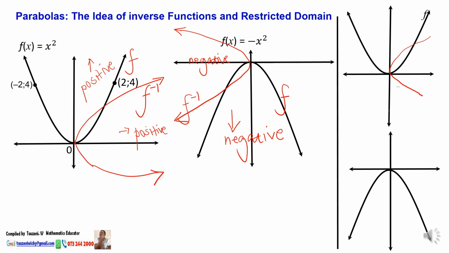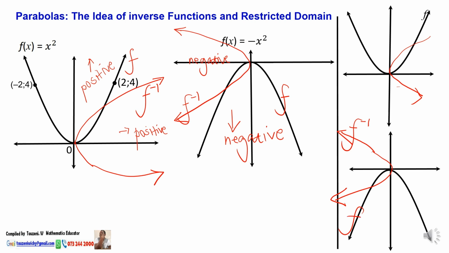The inverse must face the negative. So that is my graph. For the second one, my graph must face the negative direction. My sketch is not very nice because of my pen here, but the idea must be clear. That is as far as the shape of the graph is concerned.